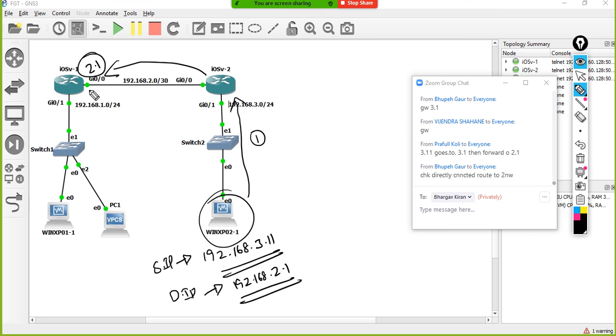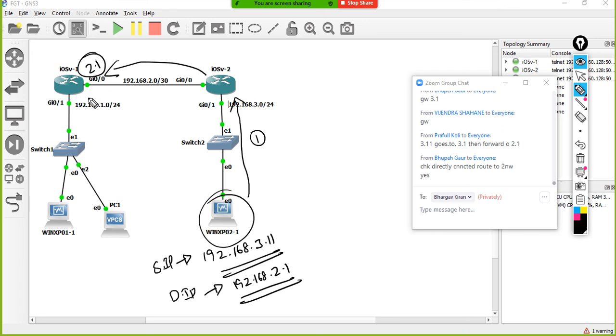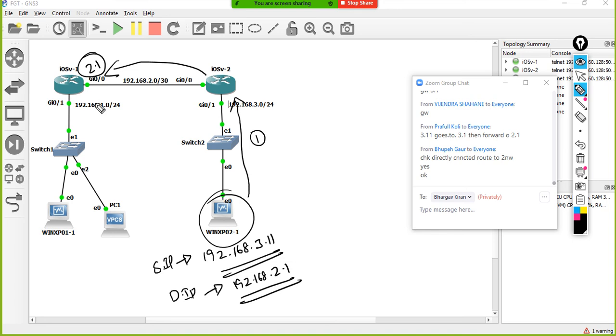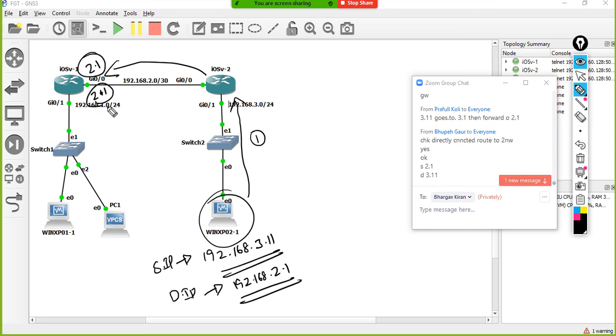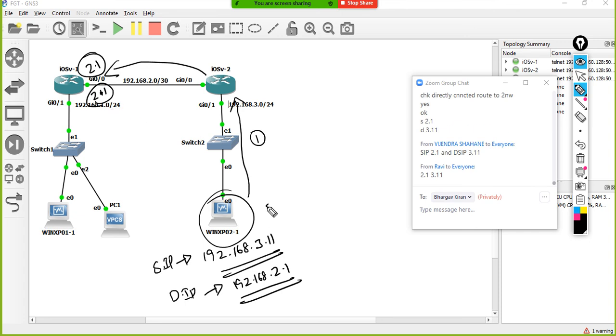Now, hello, Bhupesh, see there. Now when it's going to reverse back, what is the source IP and what is the destination IP, Bhupesh? See, now Bhupesh is connected. What is the source IP and what is the destination IP? Source IP is 2.1 and destination IP is what? 3.11.